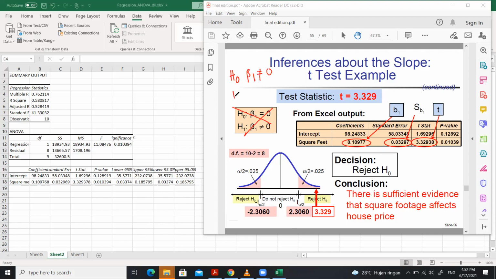Not 0, yeah. Beta 1 equal to 0. So in this case, we recheck this.